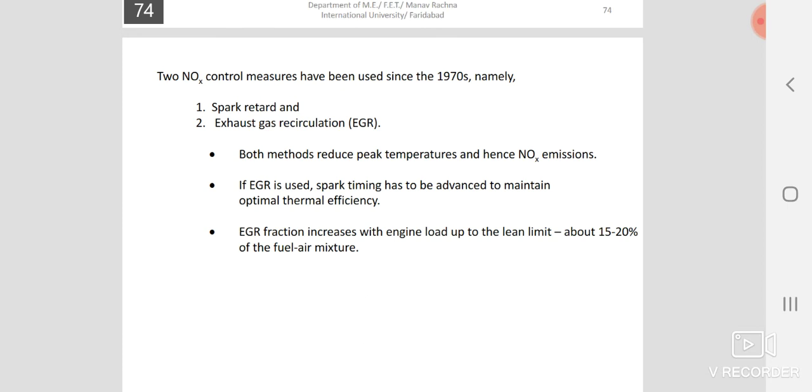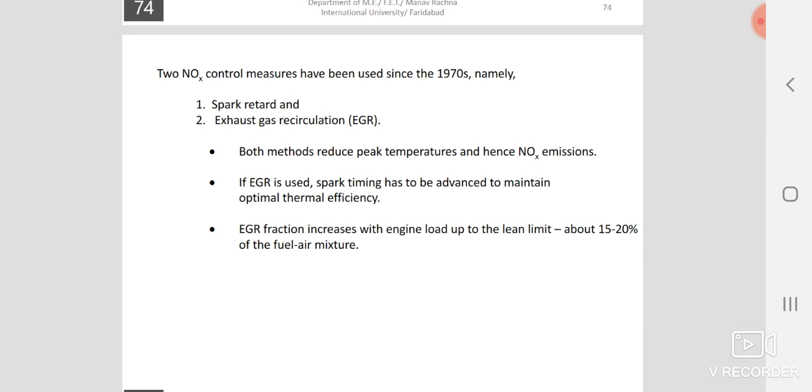If exhaust gas recirculation is used, spark timing has to be advanced to maintain optimal thermal efficiency. Why does spark timing have to be advanced? Because if the spark timing happens as usual, then the moment you put in a high hot gas, immediately blast happens. But in an engine, you need some amount of ignition delay so that the total combustion of gases happens.